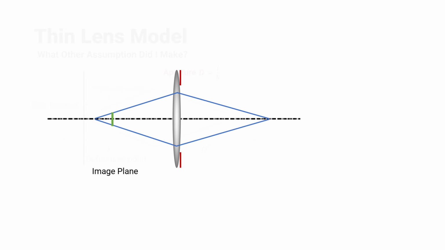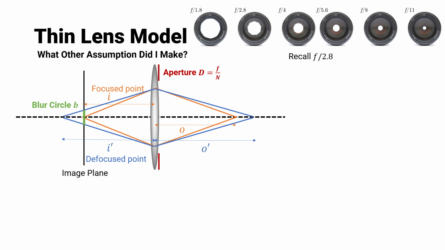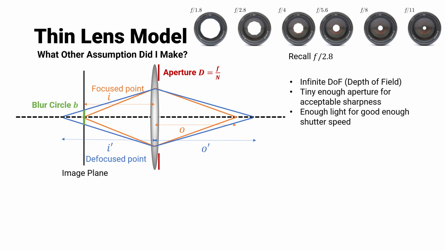Great. So when I wrote the thin lens model, I made a bunch of assumptions, implicitly. I just want you to take a step and realize what assumptions we made. One was that we don't really care about depth of field too much when we use the thin lens model. So we have a tiny enough aperture for acceptable sharpness, we have enough light for a good shutter speed, and we approximated multiple lenses as a thin lens model.